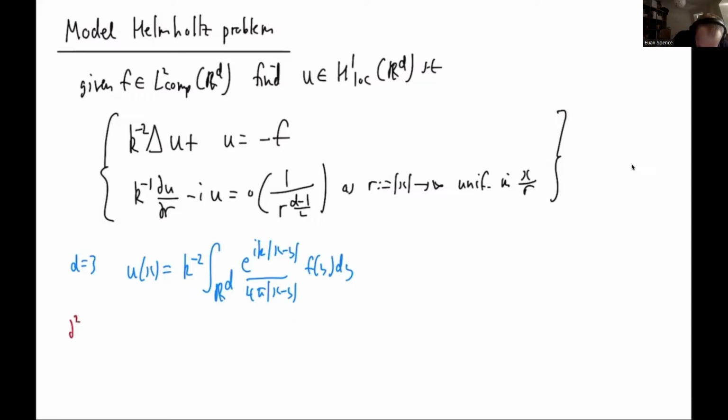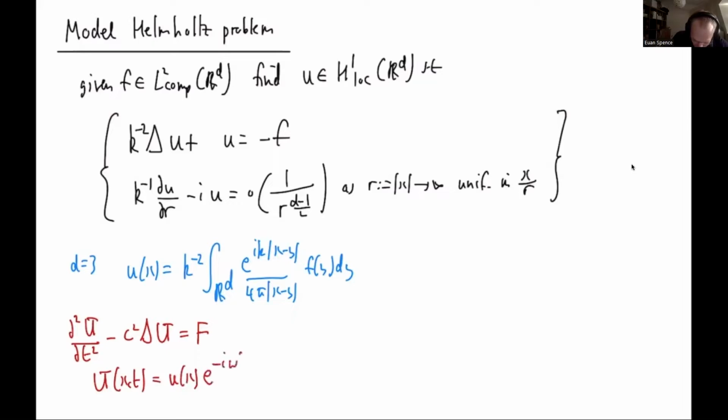So here, if I start off with the wave equation, I'm writing this as capital U as a function of space and time. If I look for solutions of the wave equation, capital U of x and t, in the form little u of x e to the minus i omega t, then little u satisfies this Helmholtz equation with k, this wave number, as omega over c, and with this little f.